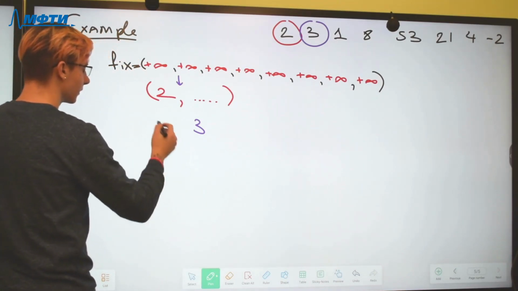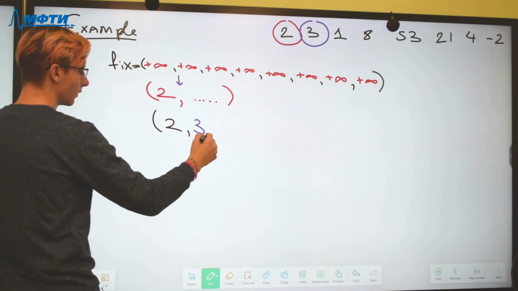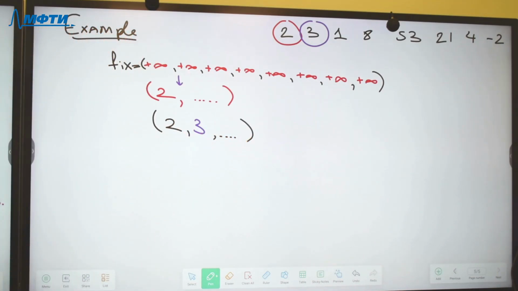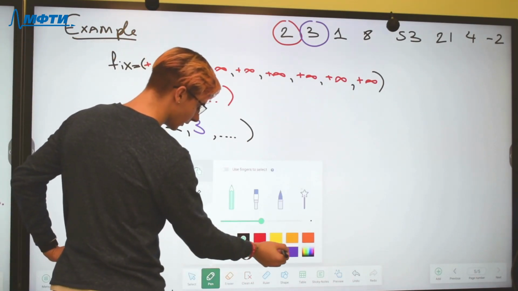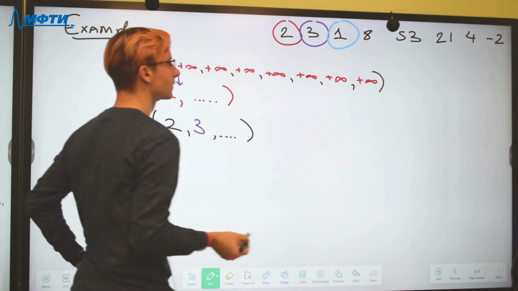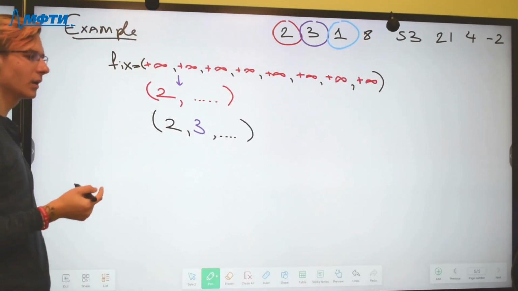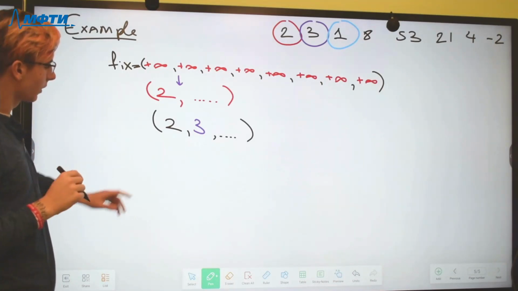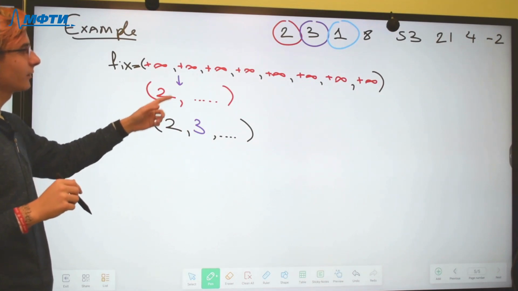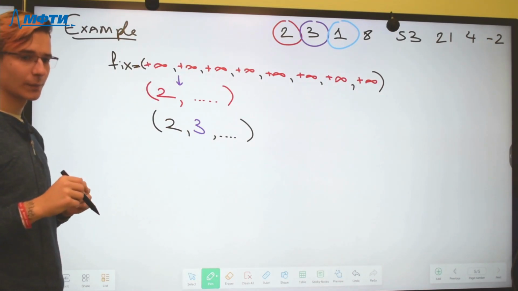And the other numbers don't change. Then we see this number, and we say, okay, we have this array and we need to find the place where we need to insert this one.